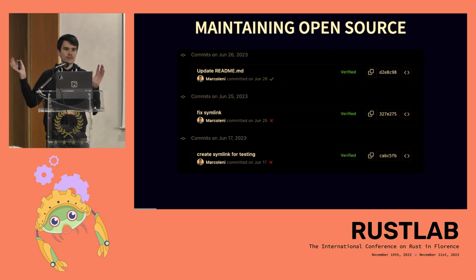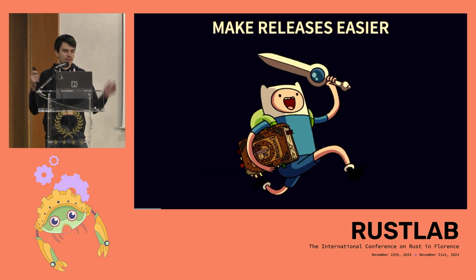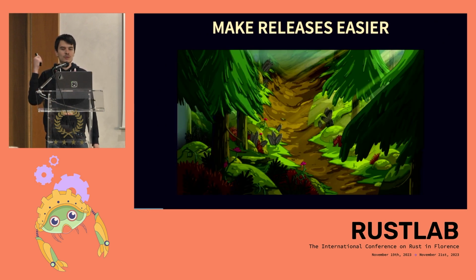But once you merge all these pull requests, at some point you need to release them. Otherwise, your users will scream at you. And I noticed a lot of pain in this process, and so I decided to embark on this journey to make releases easier. And today I want to tell this journey to you.